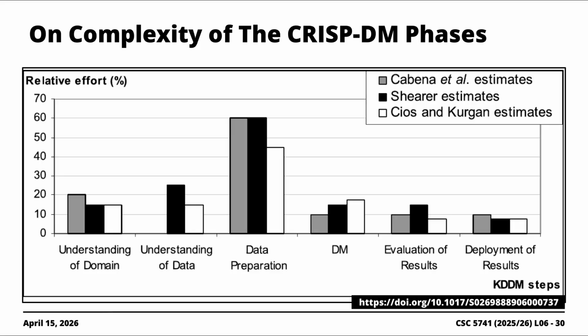But if you remember the discussion we had, we said that there are certain phases that require more effort. Now, I know we haven't looked at modeling yet, but you can already see that data preparation actually involves quite a bit here.